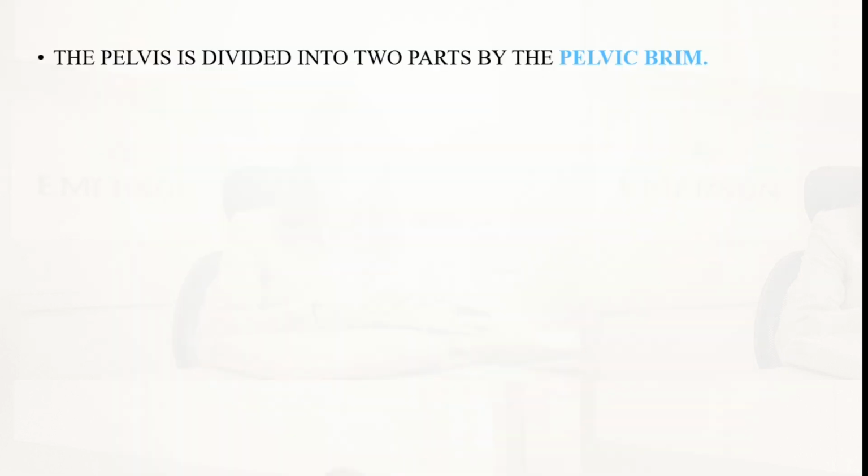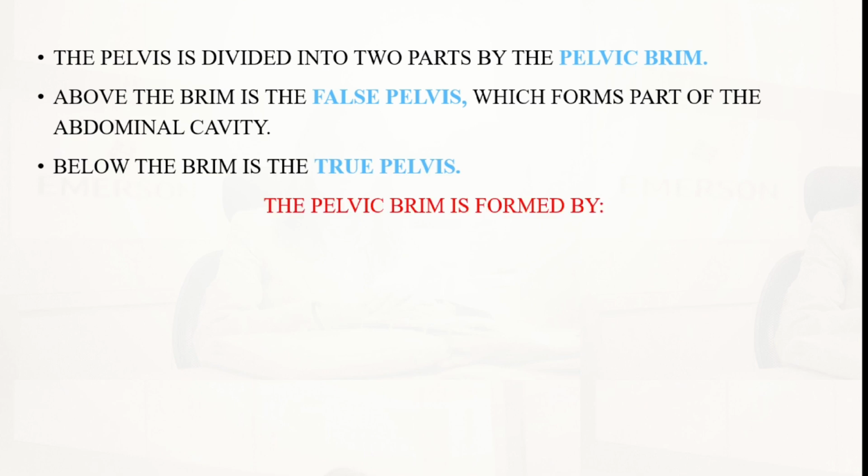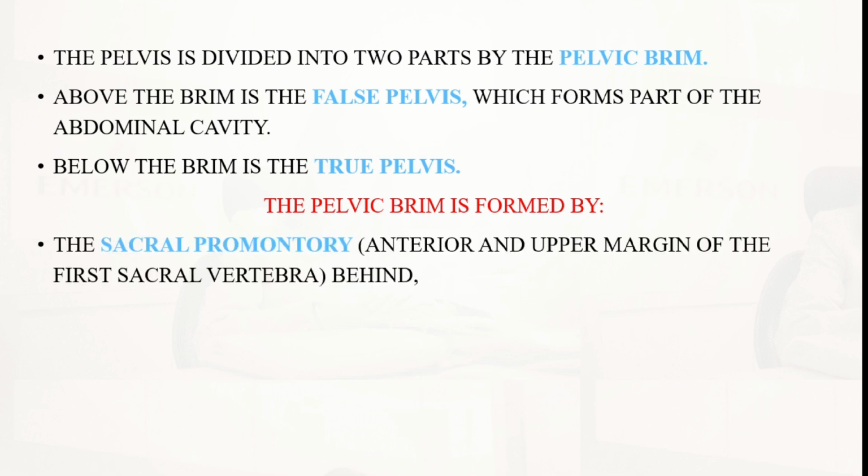Okay, so the pelvis is divided into 2 parts by the pelvic brim. Above the pelvic brim is the false pelvis, which forms part of the abdominal cavity. Below the brim is the true pelvis. The pelvic brim is formed by the sacral promontory, which is the anterior and upper margin of the first sacral vertebra behind.